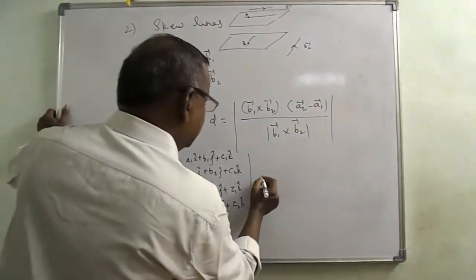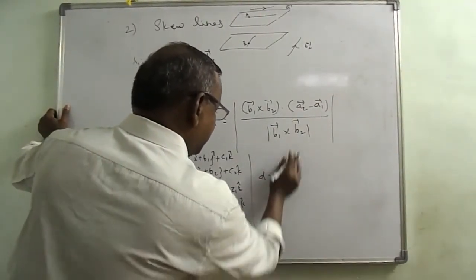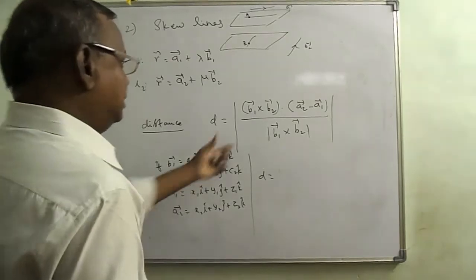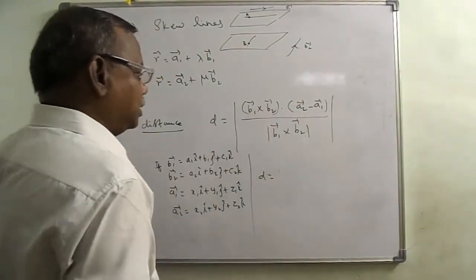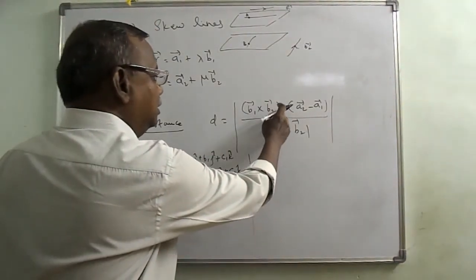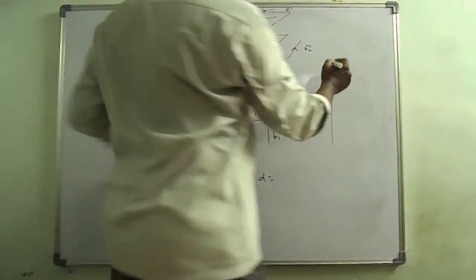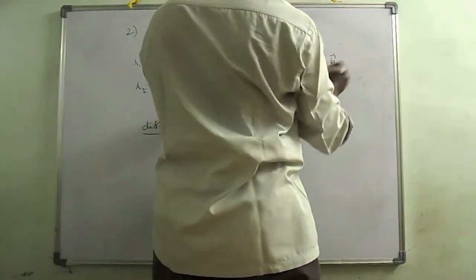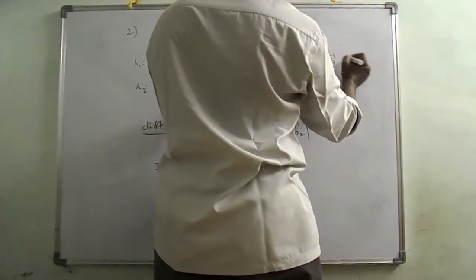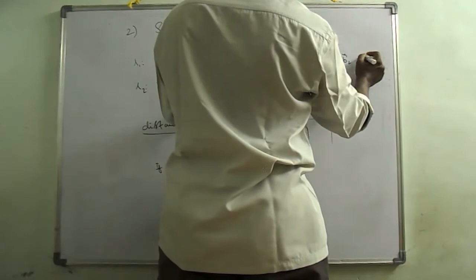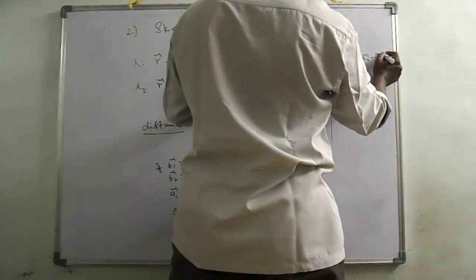Therefore, the distance D can be expressed with the numerator as a scalar triple product, the box product B1 cross B2 dot (A2 minus A1). That is, we can write the numerator as the box of B1 vector, B2 vector, A2 minus A1 vector.